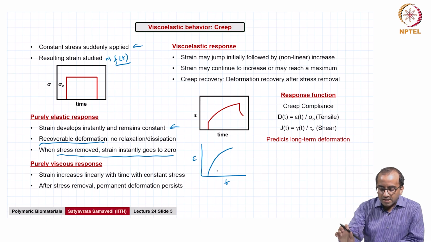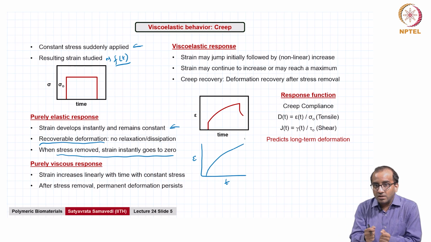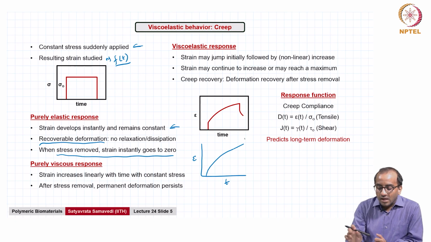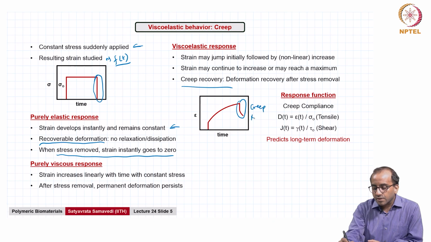And depending on the material, this can either plateau off. For example, in a thermoset, you might get a response that looks like this, whereas in a thermoplastic, it might eventually reach a constant rate and just keep increasing with time, because the chains etc. can move around and slide past each other, right. But if you now let go of the load as shown here, if the load is removed, stress is removed, you get what is called creep recovery, which is simply deformation recovery after the removal of stress.